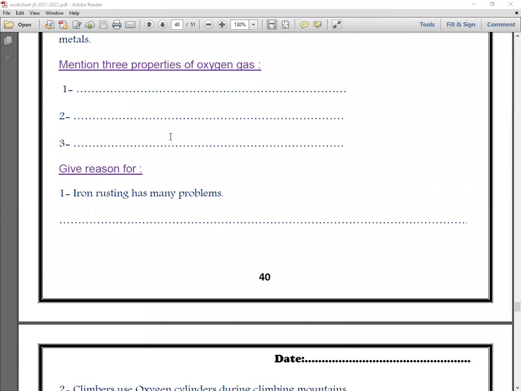Here, mention 3 properties of the oxygen gas. Give me 3 properties of the oxygen gas.